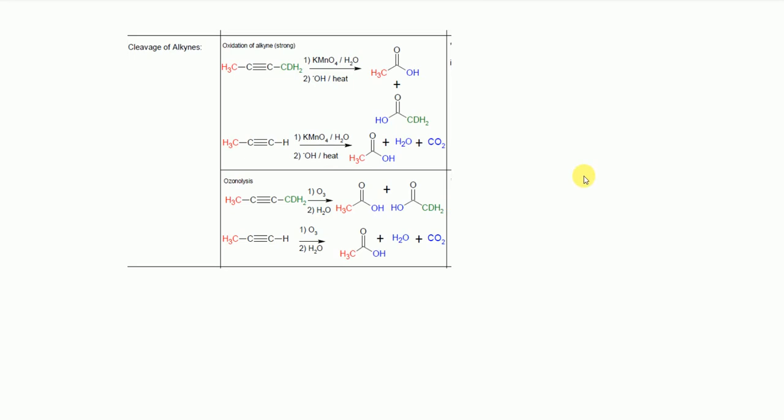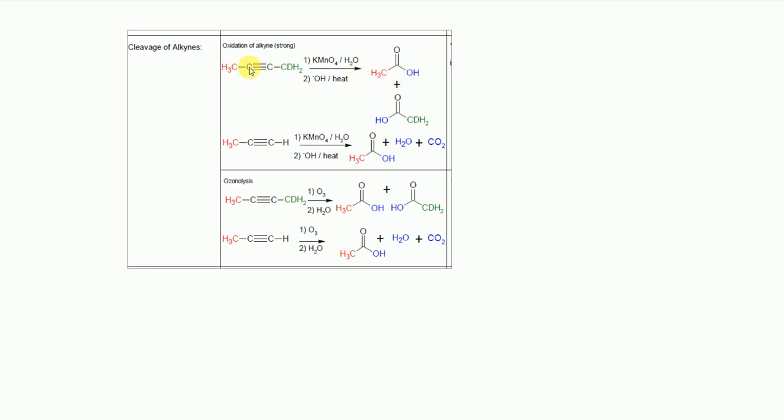For alkynes, it's different. For alkynes, these two reactions make the same product, whereas before, with double bonds, they made different products. So make sure you review the double bond ones so you know the difference. But for alkynes, they always make a carboxylic acid.